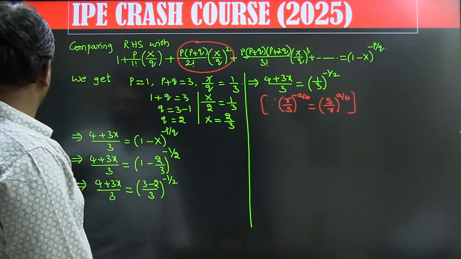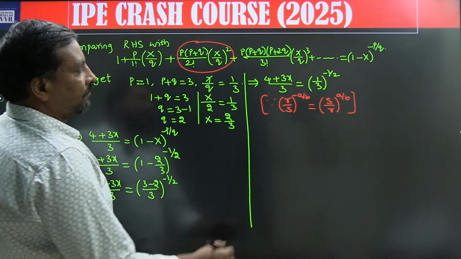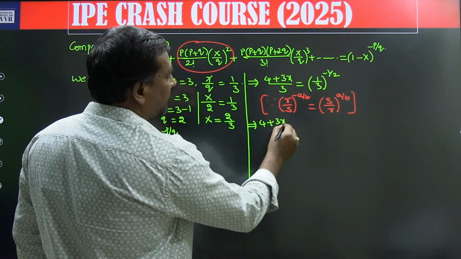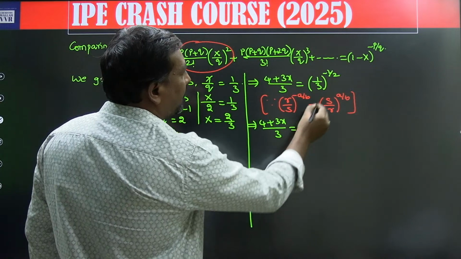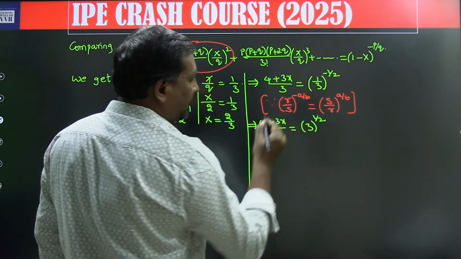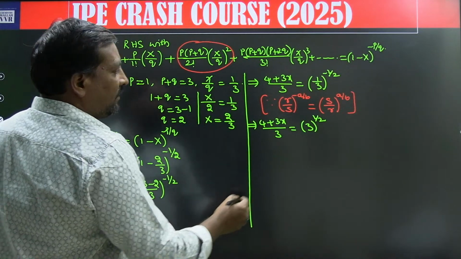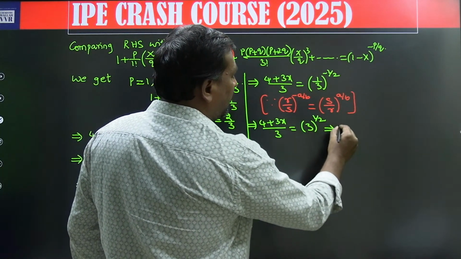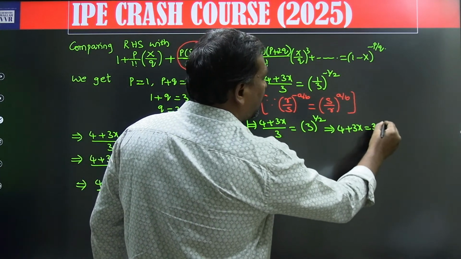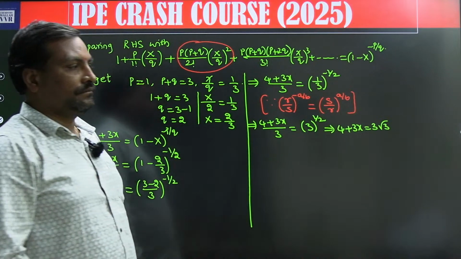So by using this formula, (4 plus 3x) by 3 is equal to the reciprocal, which is 3 to the power of 1 by 2. So this implies 4 plus 3x is equal to 3 root 3.